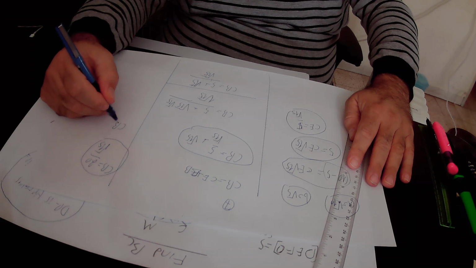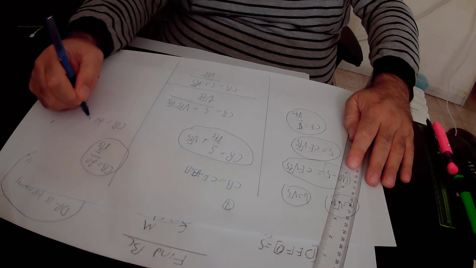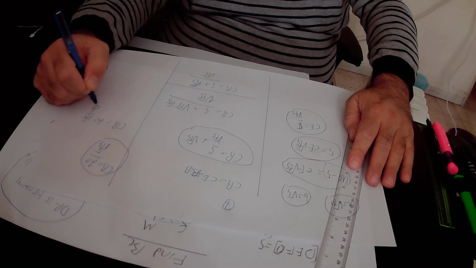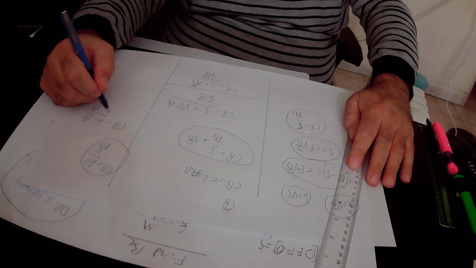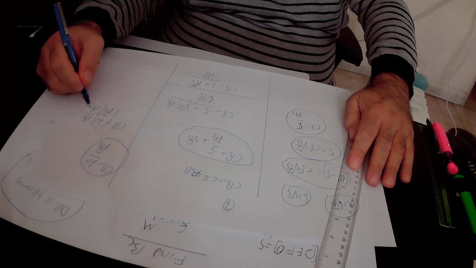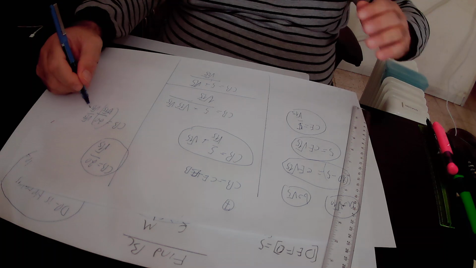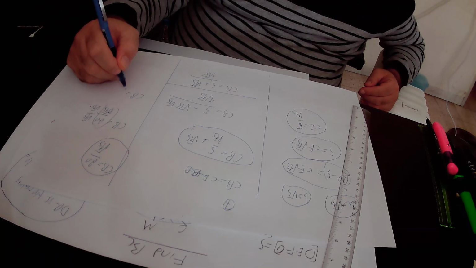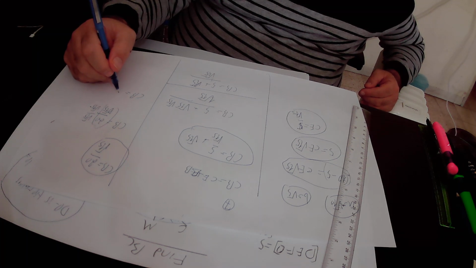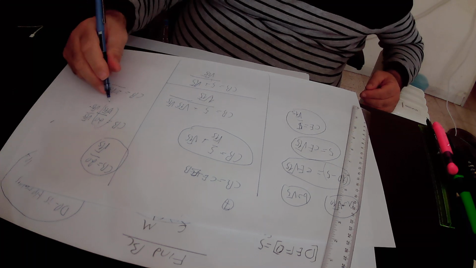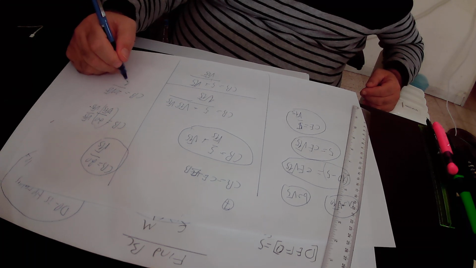So CB equals 20 times the square root of 15 over the square root of 15 times the square root of 15. This is the original expression; we multiply it by the square root of 15 and divide it by the square root of 15. The square root of 15 times the square root of 15 is of course 15.